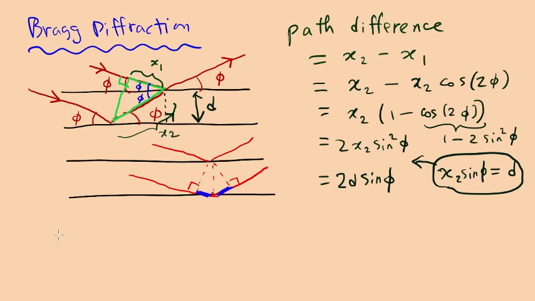So that means Bragg diffraction condition. Remember, this is a grating problem with a huge value of n.